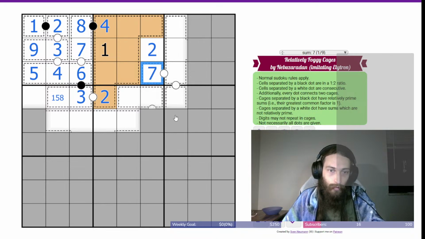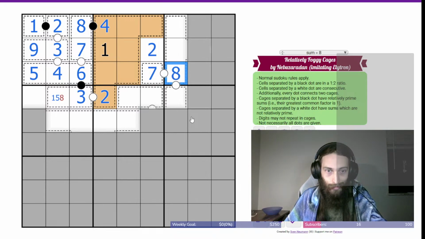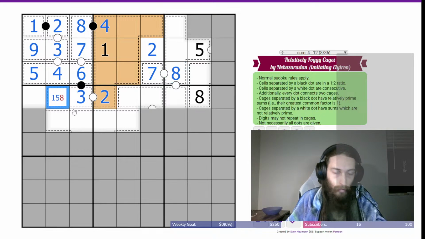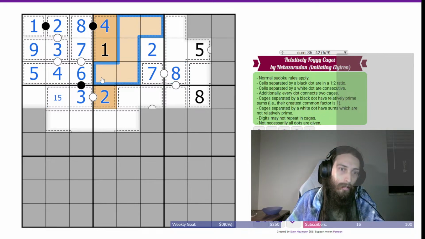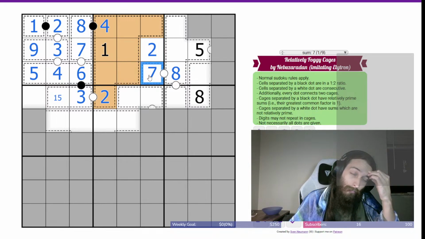So this has to be a 7. Can't be an 8, or a 6, so that's an 8. And I just forgot what the sum was, but it's 45 minus 7, which is 38. 38?